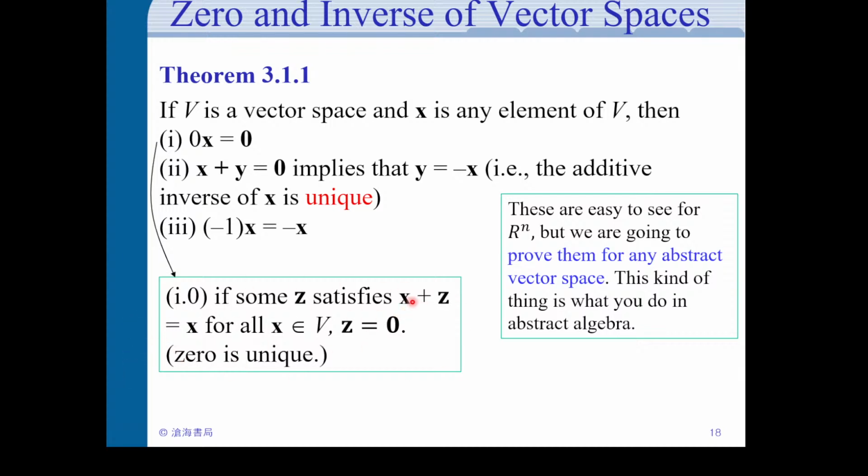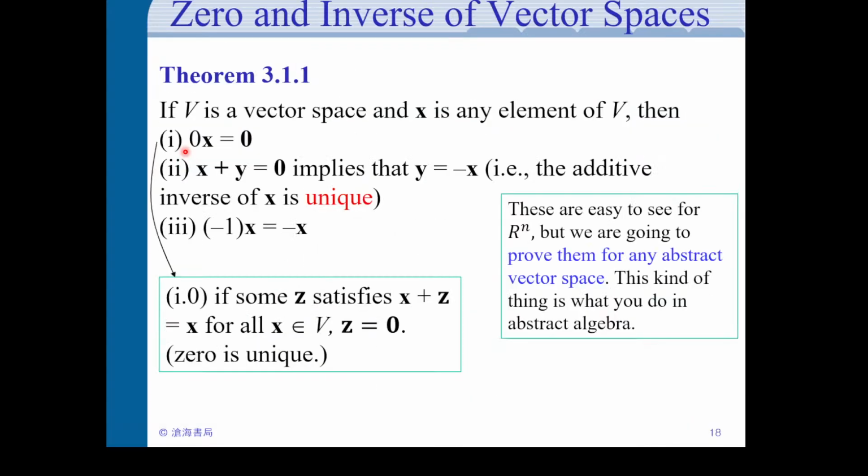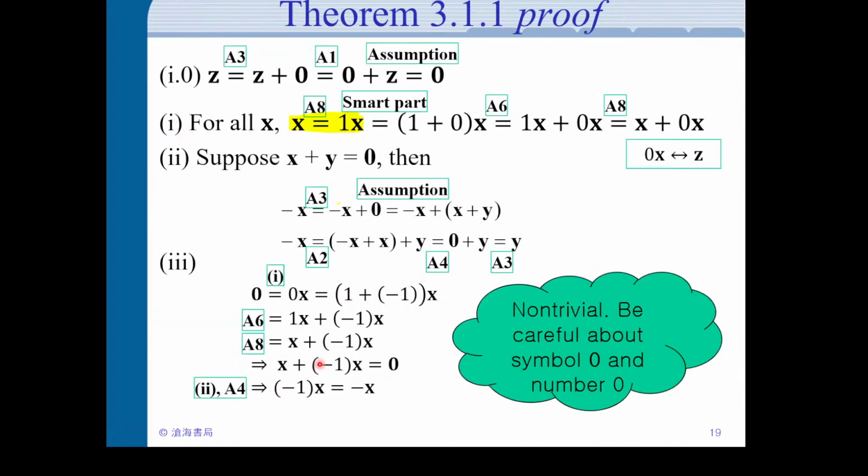So it has x plus z equal to x for x in V also. And we want to show z equal to 0. So really we want to string together a whole bunch of equalities such that z equals the 0 that exists, that we are given from Axiom 3.